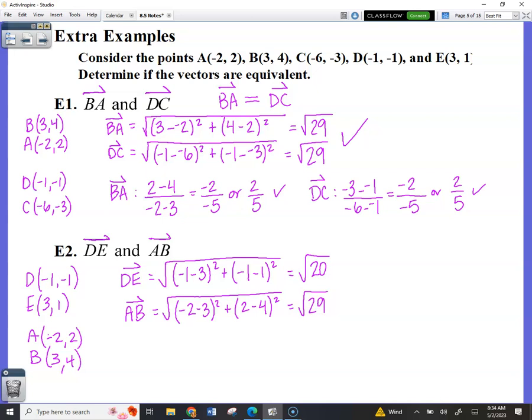So if that happens, I would check your math again just to make sure, but immediately right here, this is a problem. They are not the exact same value, which tells me that vector DE is not equivalent to vector AB because they have a different magnitude.